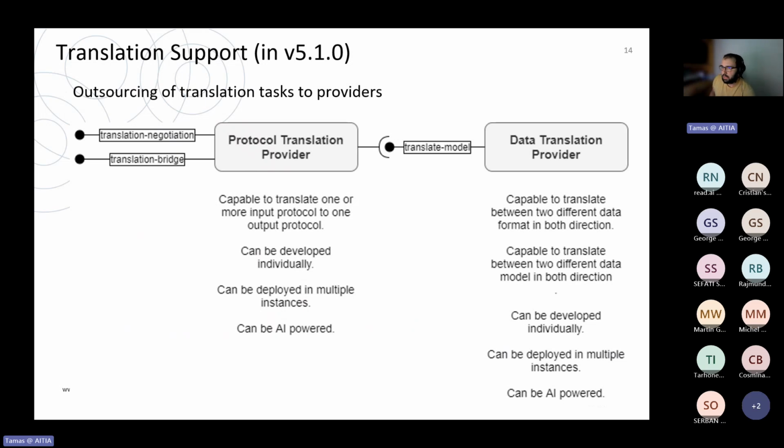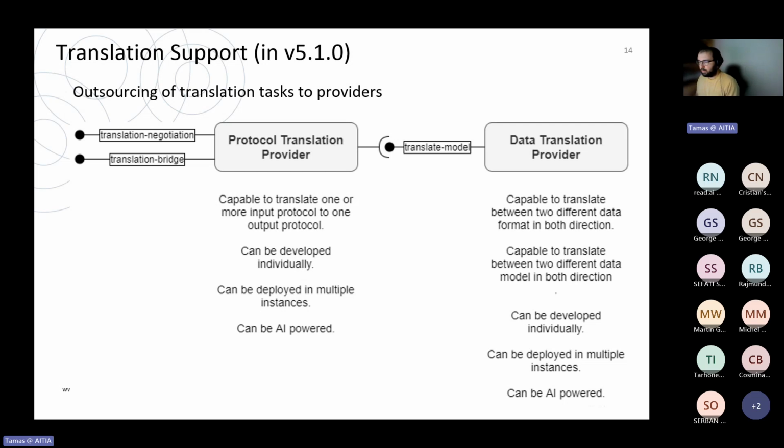And now it has been decided that all the translation tasks will be outsourced to different providers. And it has the advantage that you can have your own specific protocol and data format translation providers.